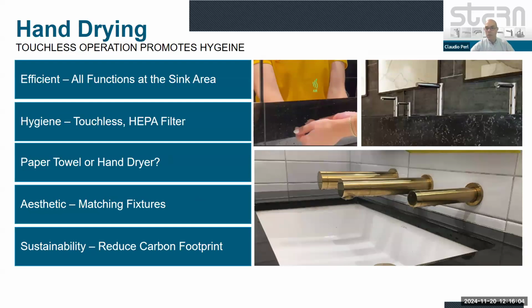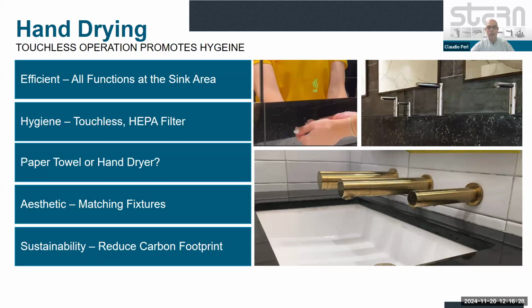With this type of technology, hand dryers can be installed together with the sink or in the same washing stations, giving a much better user experience. All these hand dryers, of course, are equipped with HEPA filters, which is very important as of today.